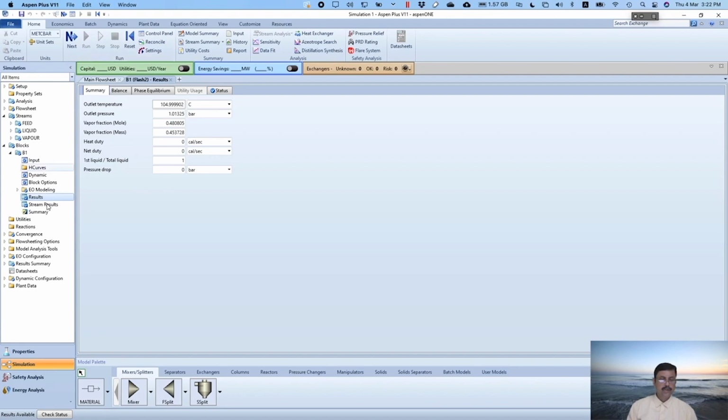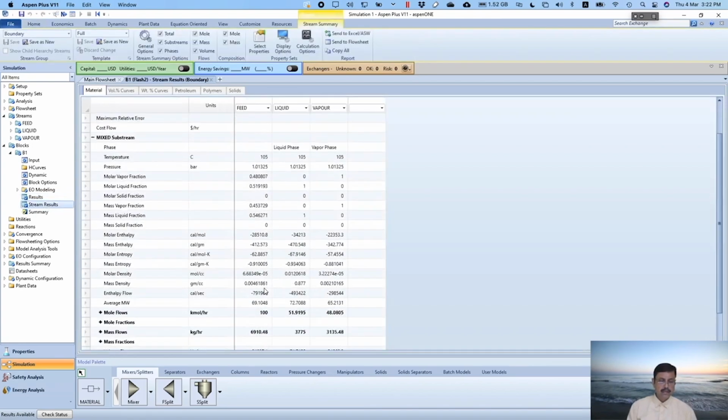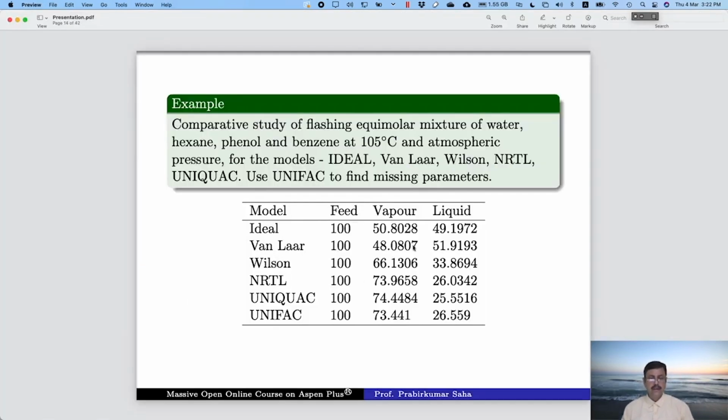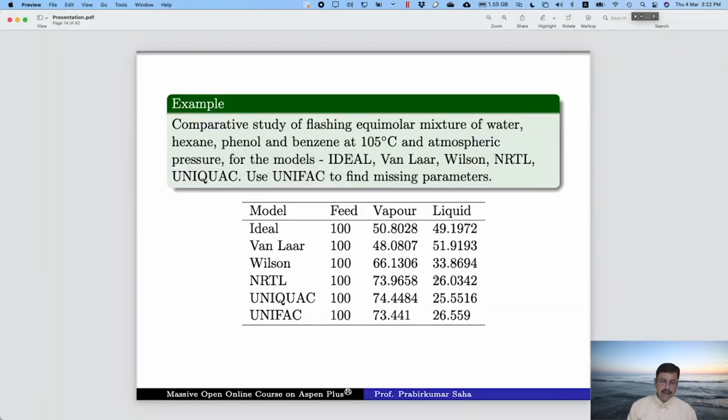Yes, so we have got the stream results. So the molar flow rate, vapor is 48.08. So this is using Van Laar. Liquid is 51.91. So using Van Laar, it has reduced from 50 to 48.